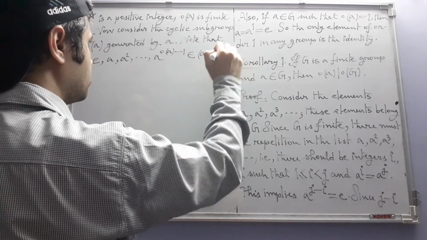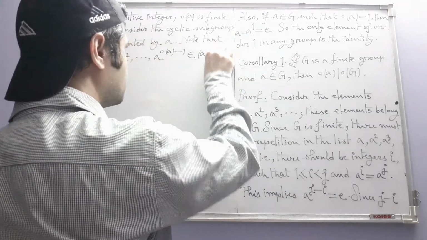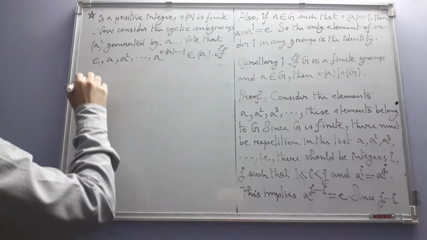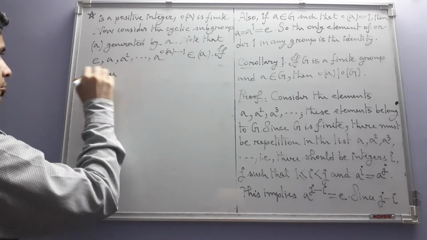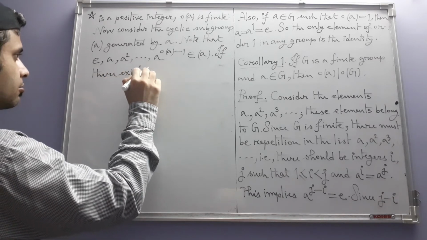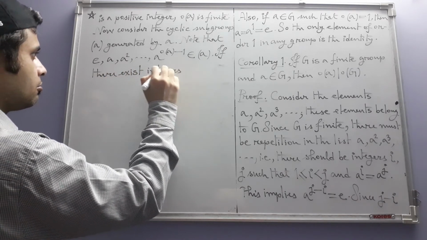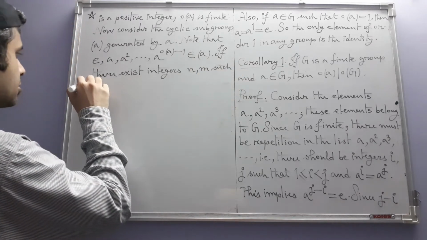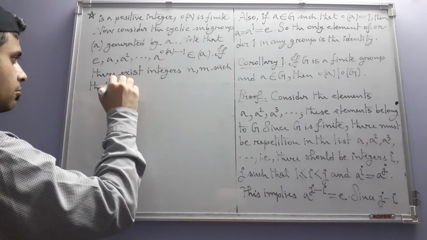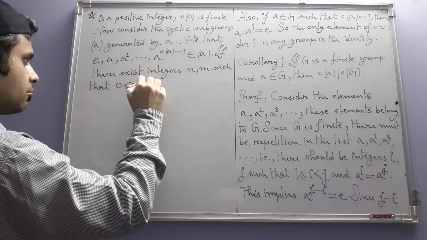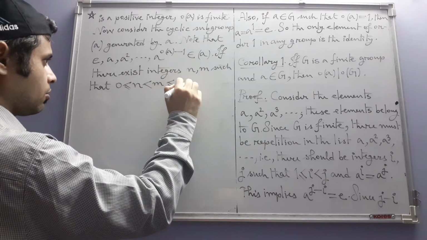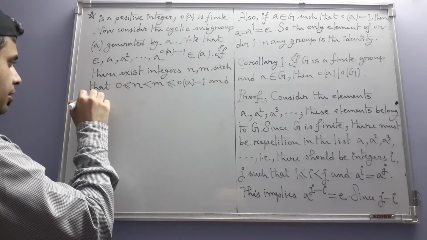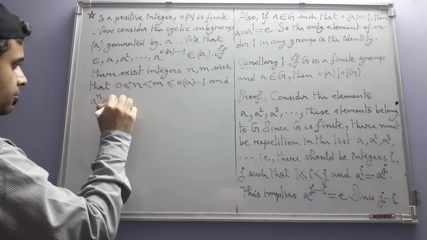If there exist integers, say n and m, such that 0 is less than or equal to n less than m is less than or equal to order of a minus 1, and a to the power n is equal to a to the power m.